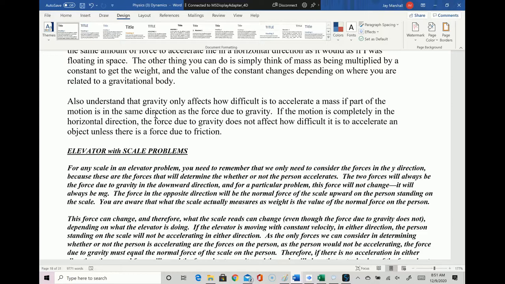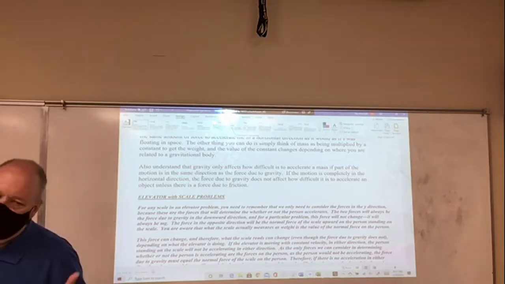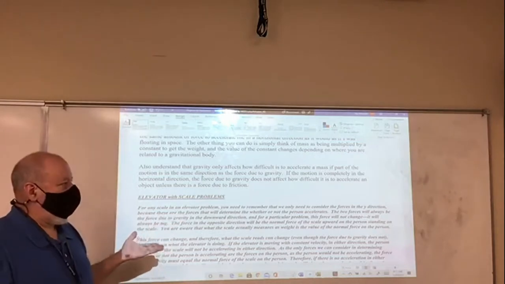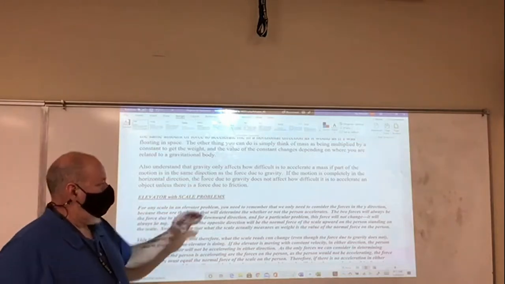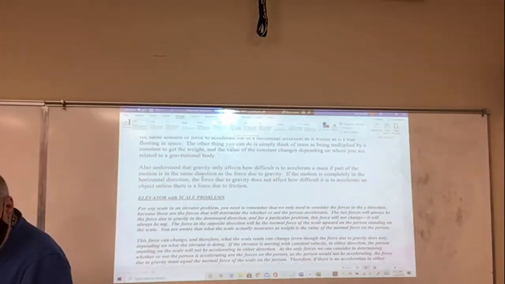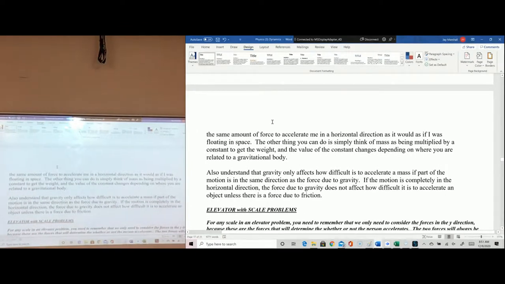On a frictionless surface, the force due to gravity doesn't affect how difficult it is to push me from side to side. That force only comes into play if I'm also being moved in an upward or downward direction. There are a lot of subtle points there, and we need to consider all of them.